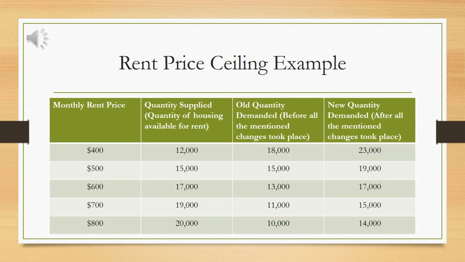The following table depicts each monthly rent price available, the number of houses available for each option of rent, as in the quantity supplied, and the 2 sets of quantity demanded, one of them before all of the mentioned changes took place, and the other one after all of the mentioned changes took place.